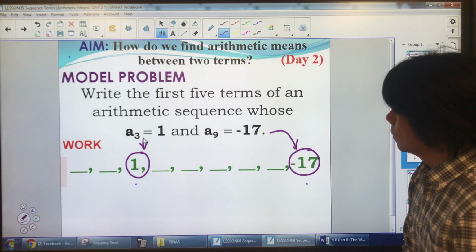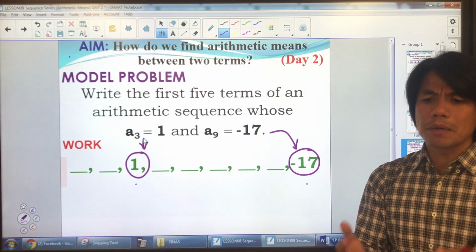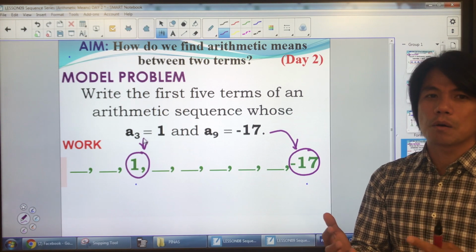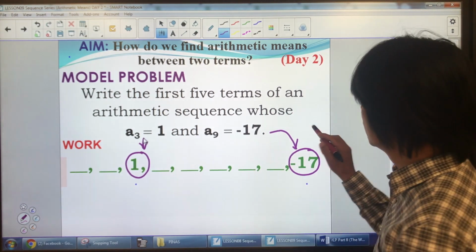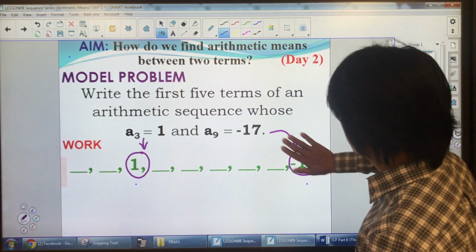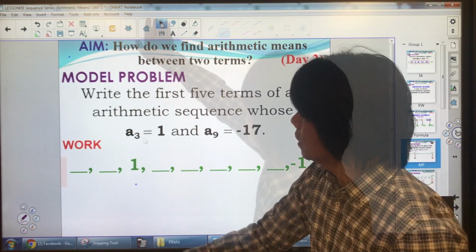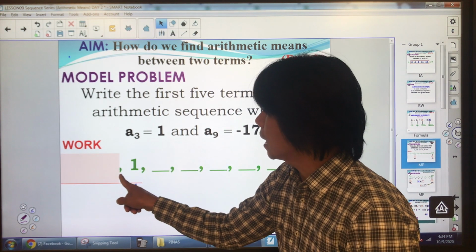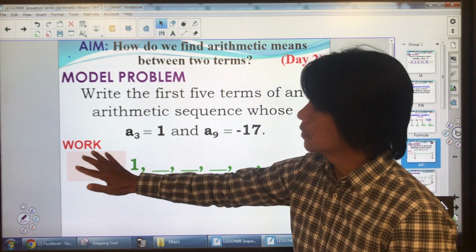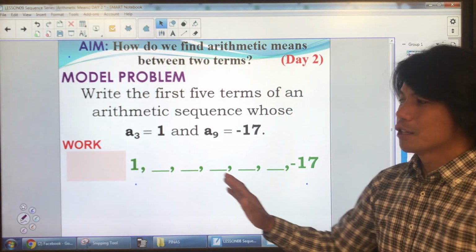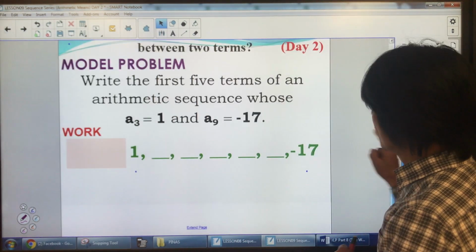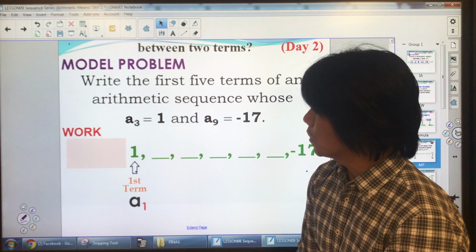Alright? Now, since we're familiar with the process of having a sub 1 in our work, what we're going to do as a strategy, we're going to cover the first 2 terms, your first term and the second term, for now. Clear? So we're pushing all our terms so that we can have a sub 1 or the first term.